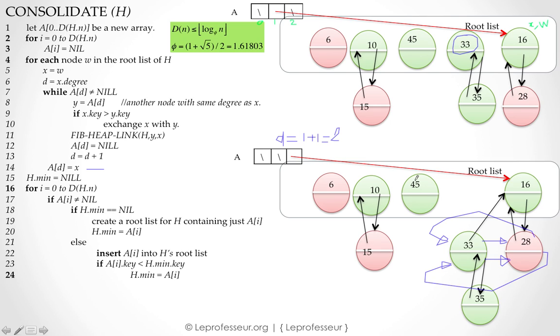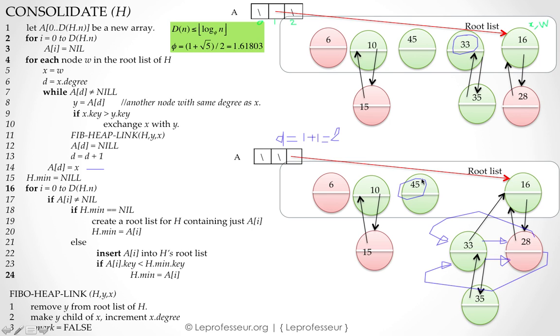Good. Now we move to the node number 45. But before going to 45, we want to discuss a subroutine in between, called Fibo heap link, which is at line number 11.